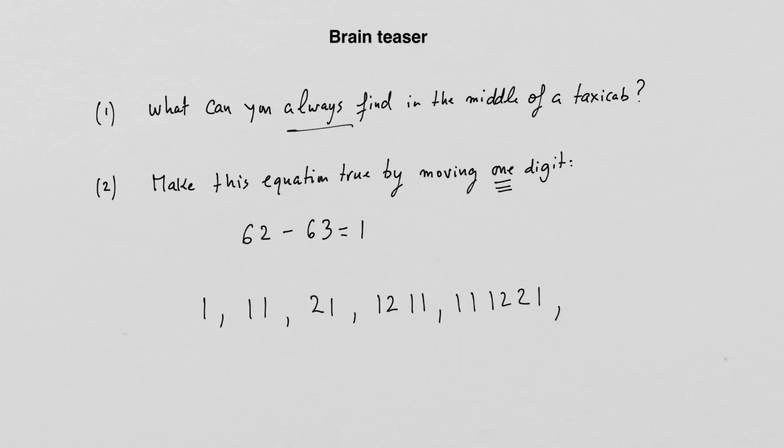Therefore, what's the next one? I see 3 ones. Then I see how many 2s? I see 2 of them. 2 2s. So just write it down. 2, 2. And then I see how many 1s? I see 1 1. So you just write it down.